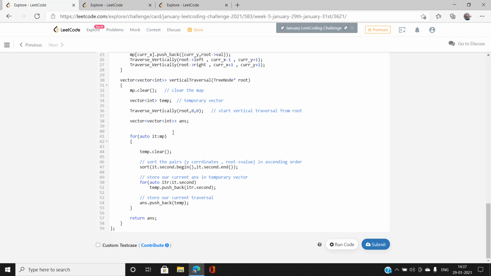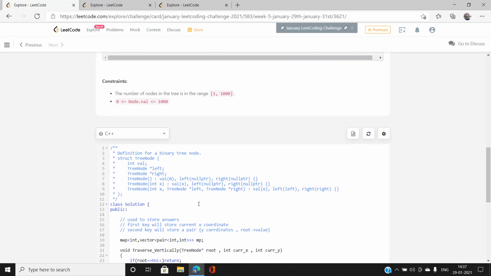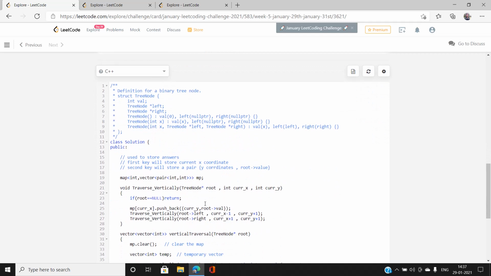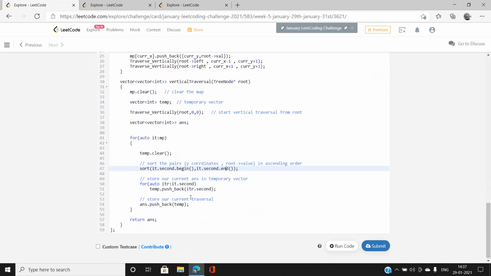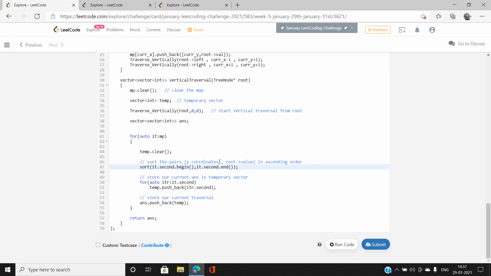So for a current x coordinate, I am going to sort all these vector pair int comma int entries, because for the same y coordinates we have to report the node having the minimum value. So I am first going to store the values according to the minimum y coordinate, so I am going to sort it.